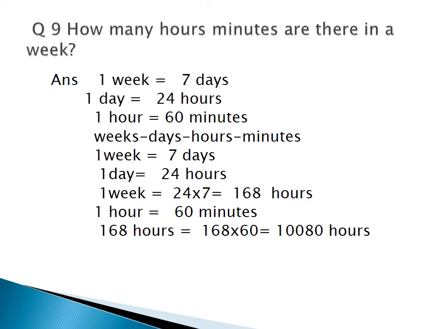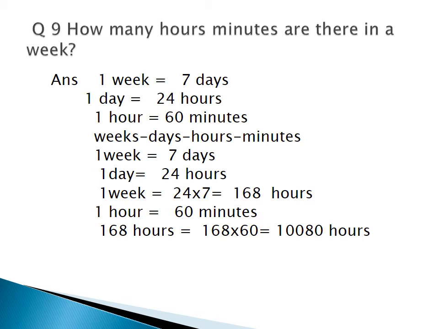First of all, we will change weeks into days, days into hours, and hours into minutes. 1 week is equal to 7 days, and 1 day is equal to 24 hours. Then 1 week is equal to 24 multiplied by 7, 168 hours.